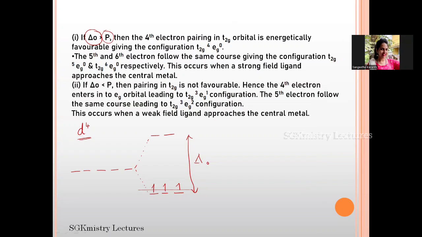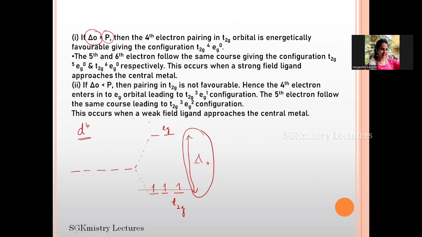Suppose delta O is greater than pairing energy, if this particular gap is higher. Okay, this is t2g and this is eg, if the gap between these 2 sets of orbitals is very high, then you can just understand the situation here. Of course, the 4th electron cannot jump to the higher energy, right? Because the gap is very high here. So what does it do?